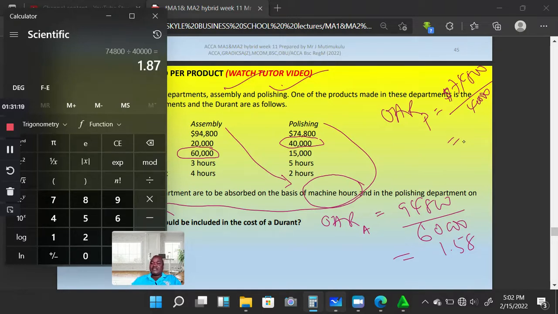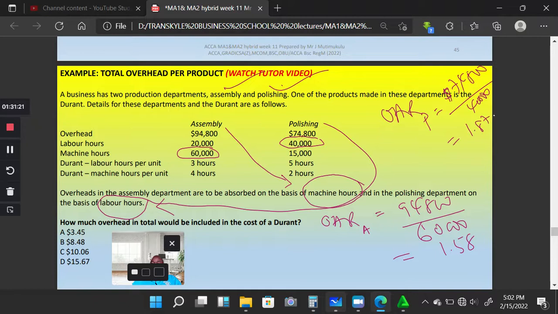We get $1.87. So this is the overhead absorbed per unit, and this is the overhead absorbed per unit. You can understand the word absorbed as budgeted: overhead budgeted per unit.